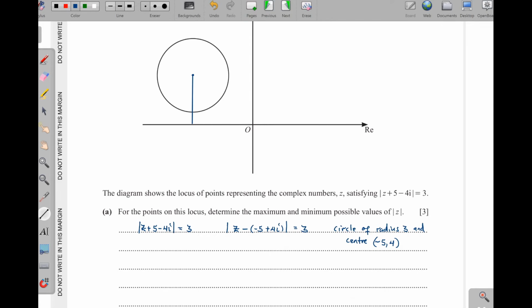Then we can connect this one here, and they're saying points on this locus. So from the center here, I drew to this one here, that one will give us what we call a tangent. Okay, like that. Remember they said the modulus of z. So that means the length.